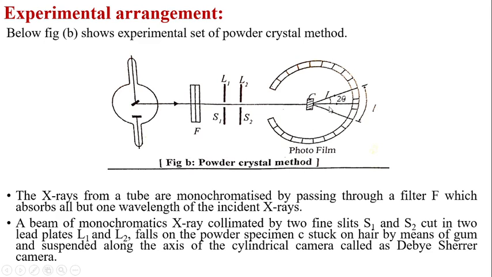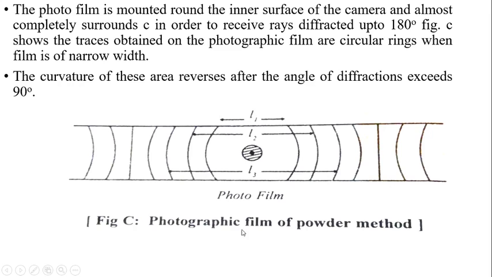Now this is the value of the angle, 2 theta, and hence there is the formation of a cone, and this cone forms such types of arcs when it comes in contact with the photographic film. On the photographic film we are going to see arcs, as shown in the figure. That is the photographic film of the powder method.